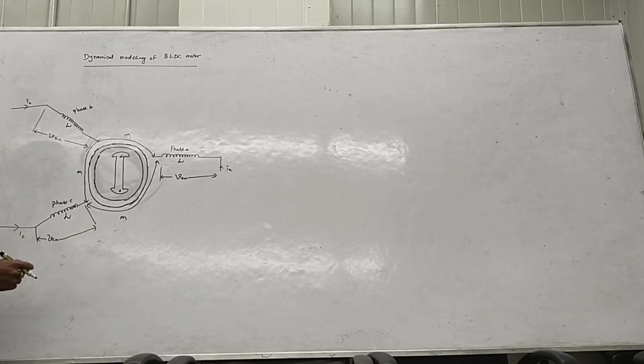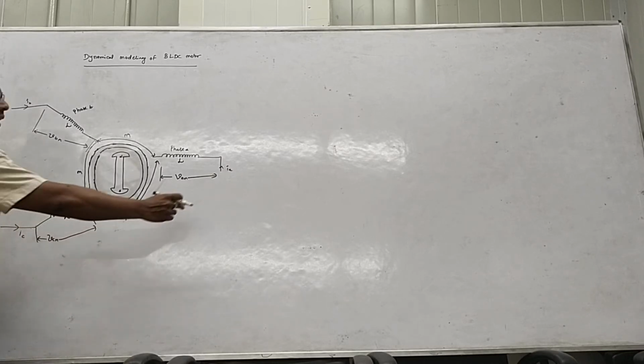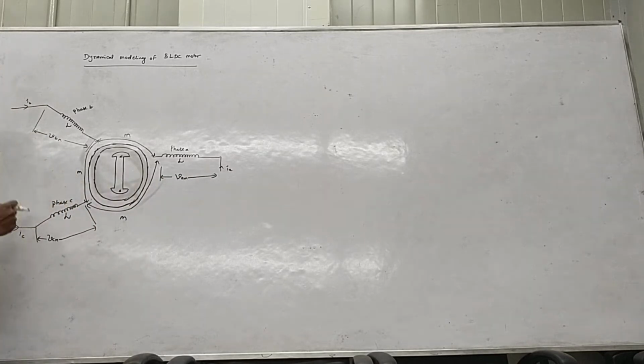So there are three coils, and the current in phase A is IA, in phase B is IB, and in phase C is IC.